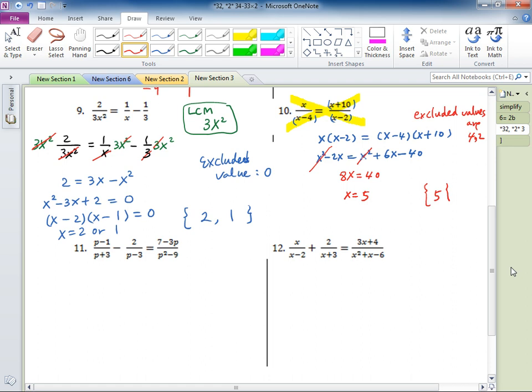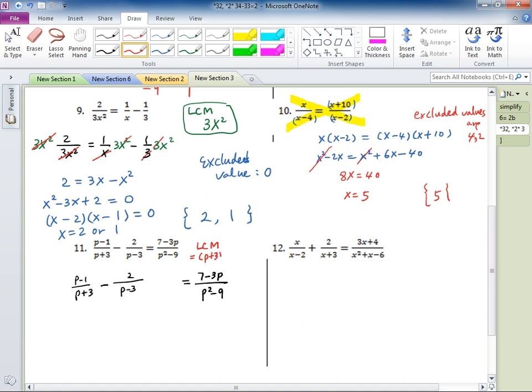Question number 11. Let me copy down the question so I can use the least common multiple. Oh, I copied the problem wrong. Okay, the right side is 7 minus 3p over p squared minus 9. What is the least common multiple of question number 11?